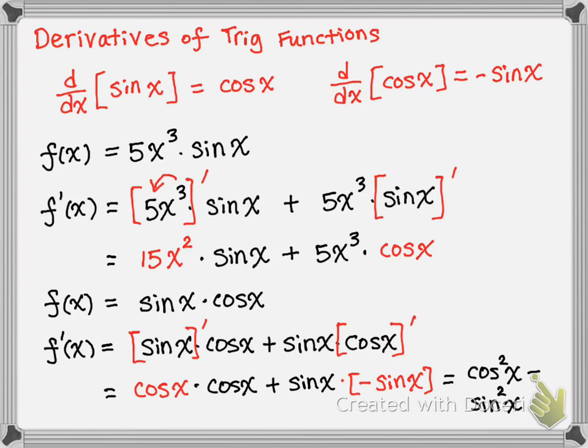Now, some of you are really good at trigonometry. You might say, sine of x times cosine of x, using the double angle formula, is 1/2 sine of 2x.